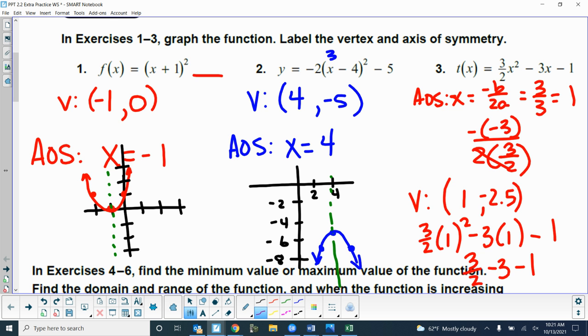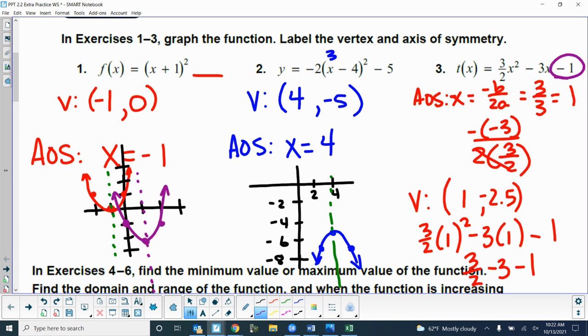So 1, -2.5 is right there. Here's my axis of symmetry. And what's my y-intercept? -1. So over here at 2, -1, and it'll look like that. Questions on the first 3? How'd you do? Hopefully you did okay.